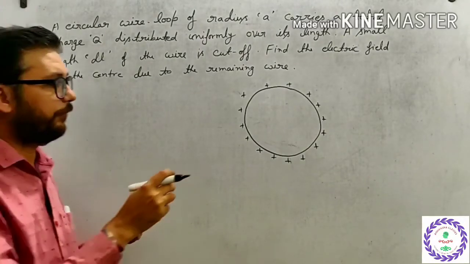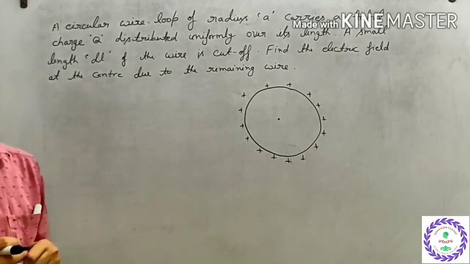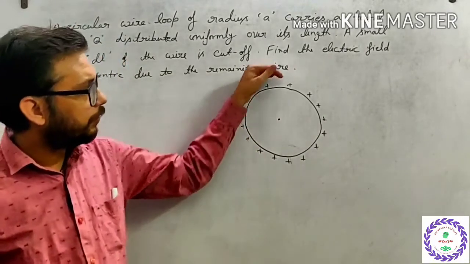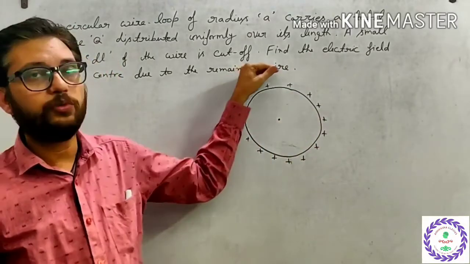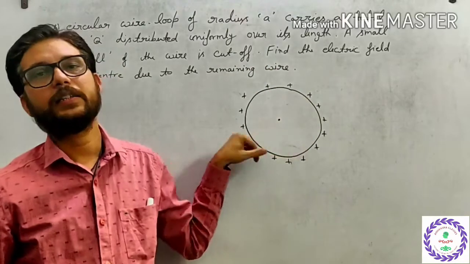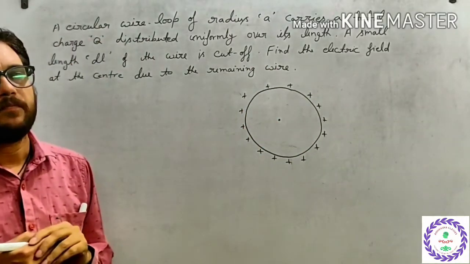And if we find the electric field at the center, then due to the uniform distribution of the charge over the entire surface, the electric field will become zero.